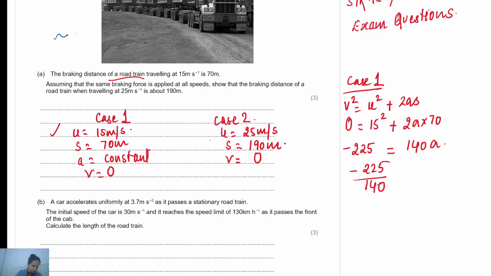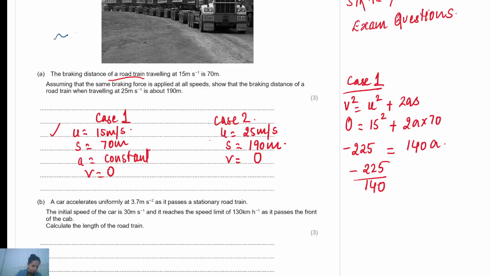Now I'm going to use this acceleration in case 2 and figure out whether the braking distance comes out to be 190 or not. So using case 2, same equation: 0 is the final speed, u is 25 squared, plus 2 times minus 1.61 times s. I'm just going to simplify this. 25 squared is 625.